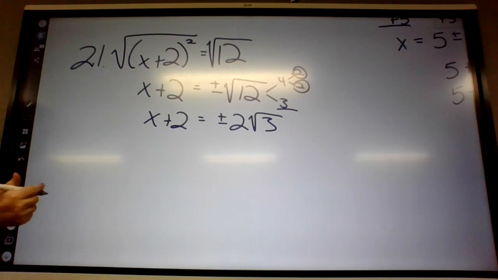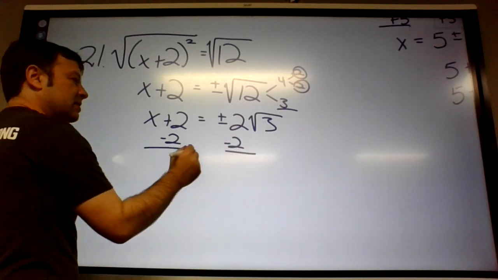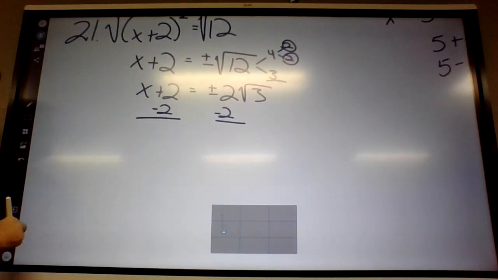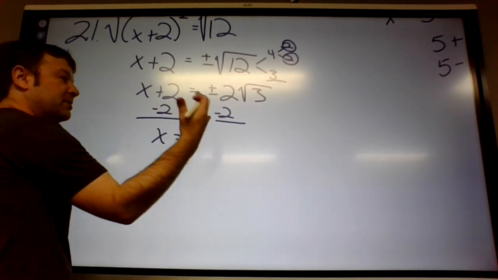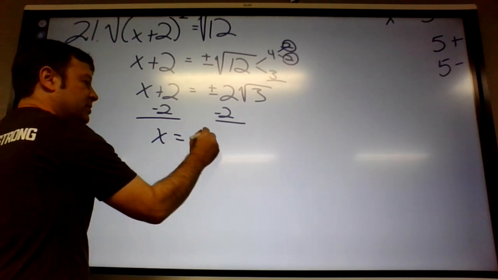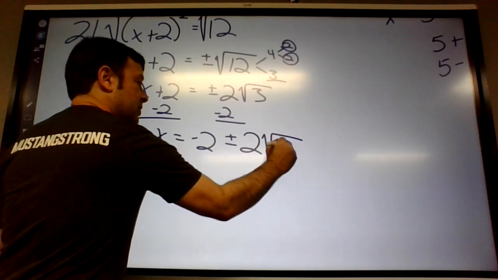Okay, subtract 2. Is that going to mix with this thing? No. Negative 2 plus or minus 2 square root of 3. That doesn't really mix. It doesn't simplify. So it's just negative 2 plus or minus 2 square root of 3.